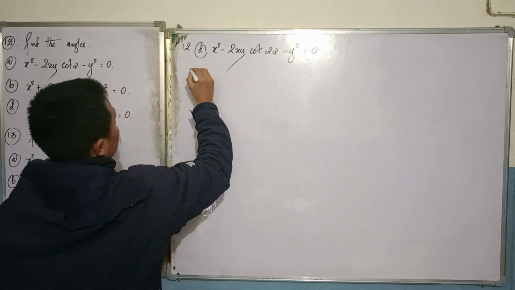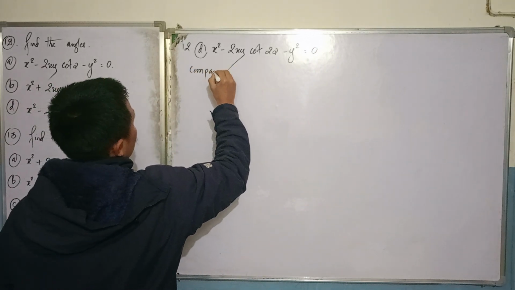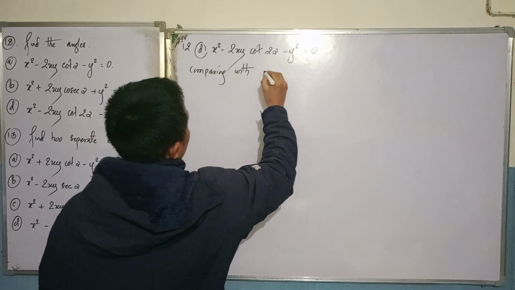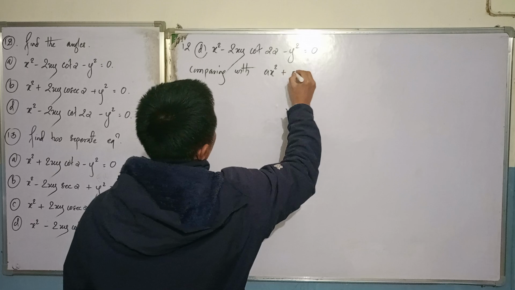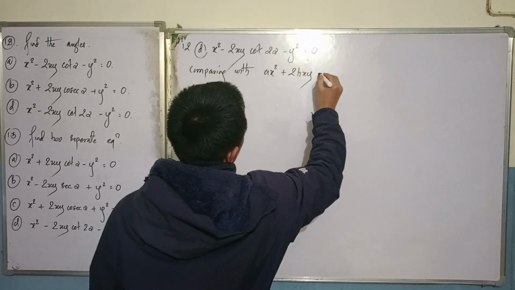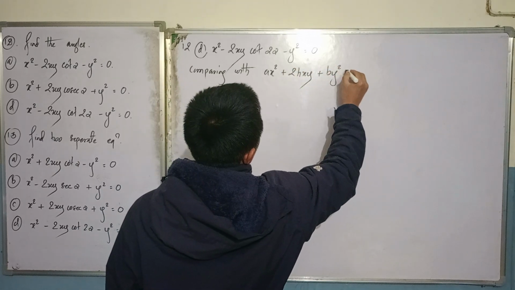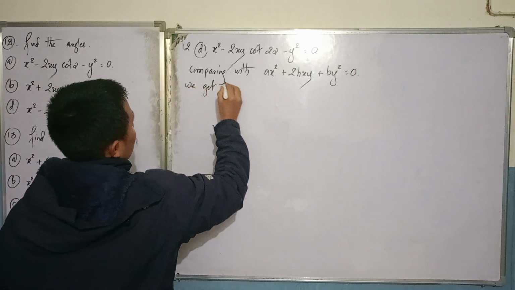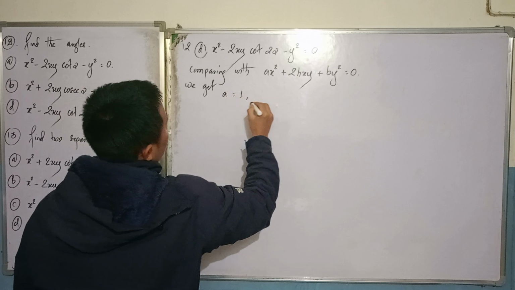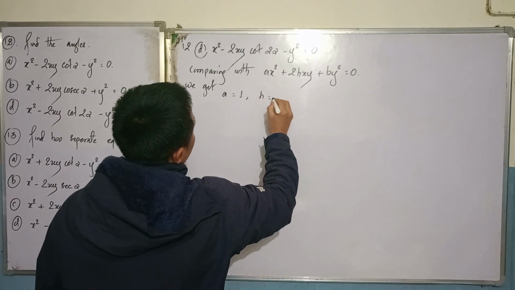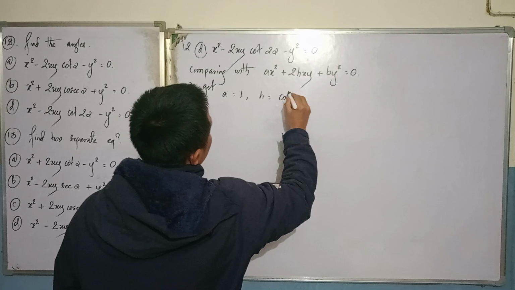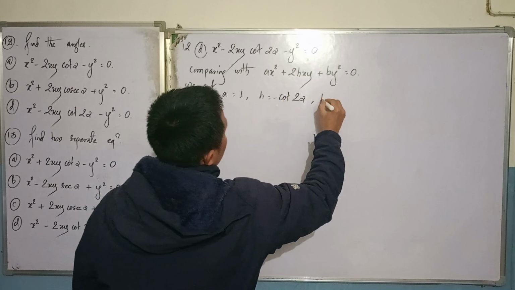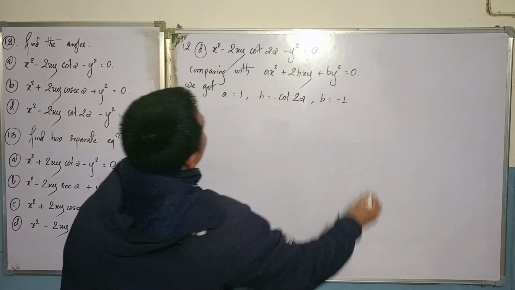Now comparing with ax squared plus 2hxy plus by squared equals 0, we get a equals 1, h equals negative cot 2 alpha, and b equals negative 1.